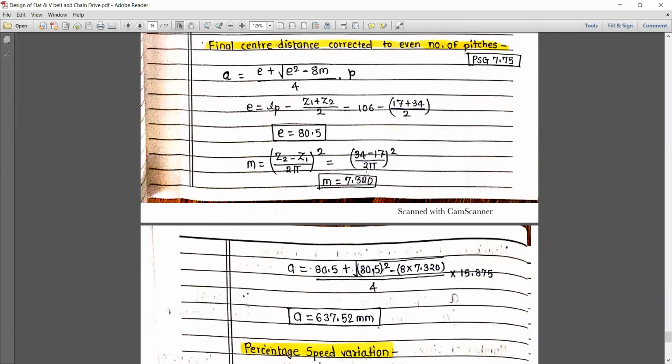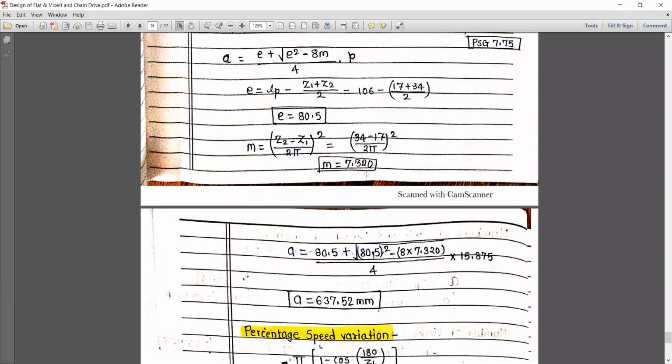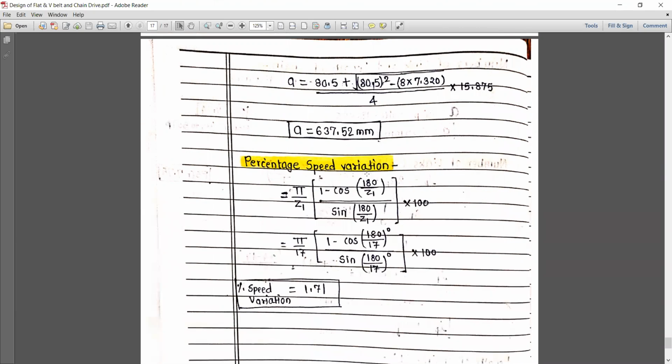So here we have calculated the value of E as well as M. The value of E I get is 80.5 and the value of M is equal to 7.320. Putting all the values, the corrected center distance A is equal to 637.52 mm.